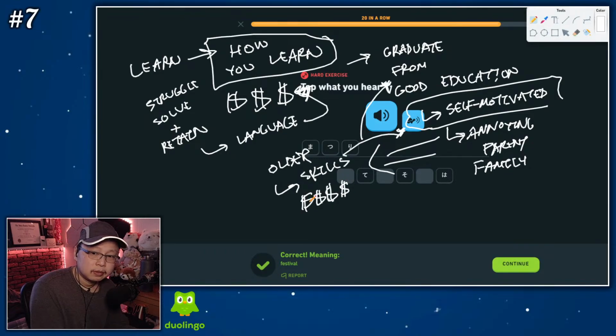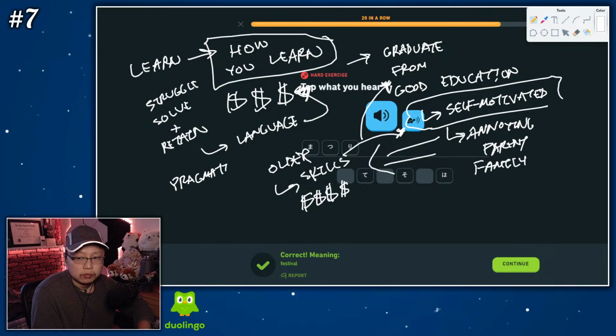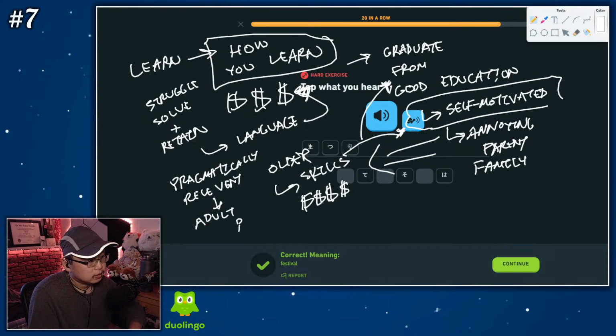On a resume, if you apply for a job, a resume is all the things that you have learned, all the skills that you have to offer. They don't necessarily have to be pragmatically relevant to demonstrate to an adult who's going to hire you, like a boss, because they're looking for someone who can learn really, really fast, pick up and go.